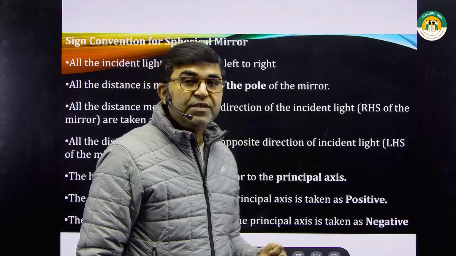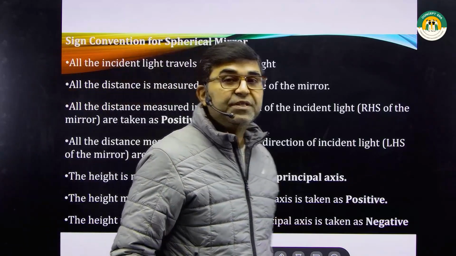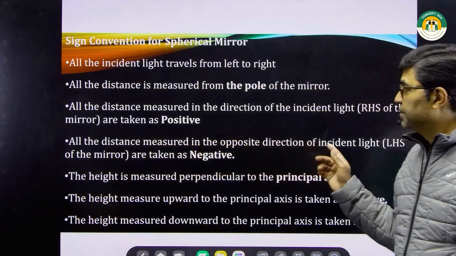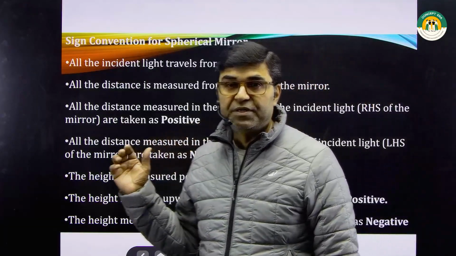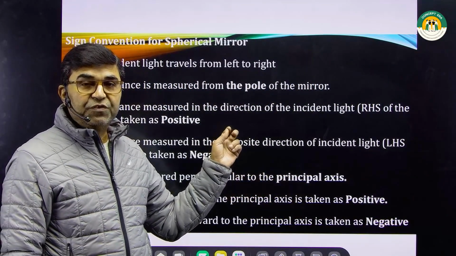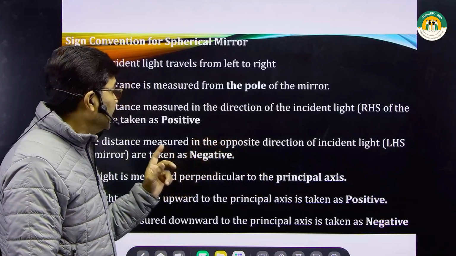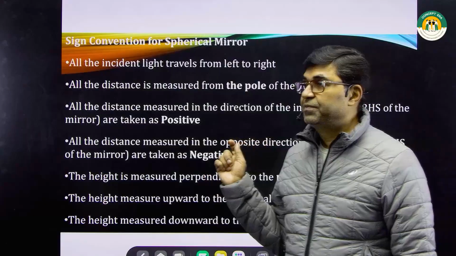There are certain rules which we follow while making the image in a spherical mirror. First of all, let's keep in mind certain points while making the ray diagrams for images formed in spherical mirrors. All the distances are measured from the pole.